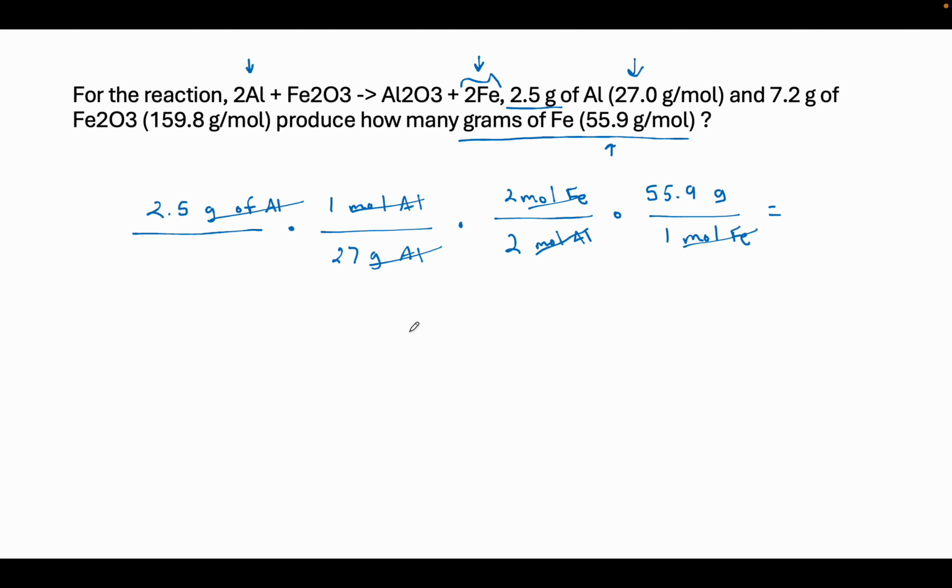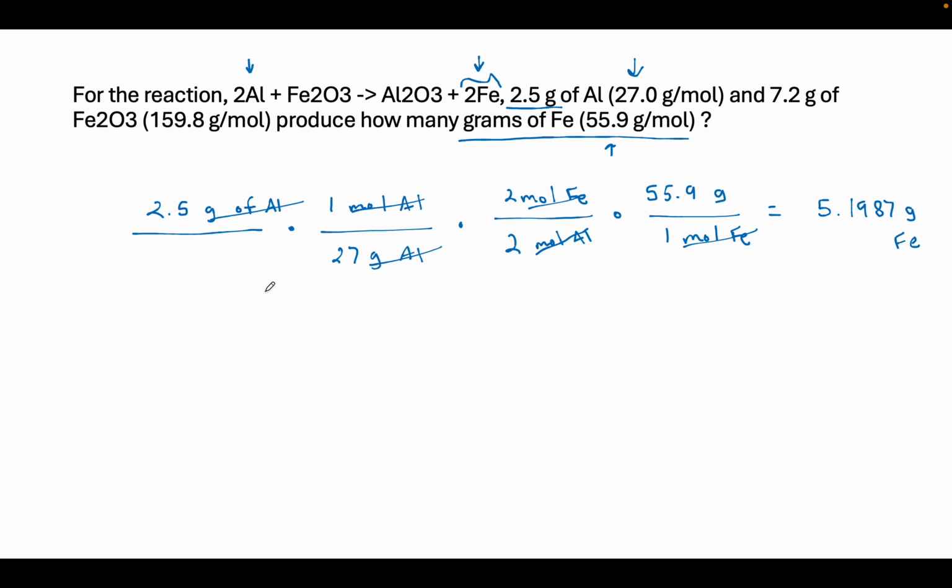So if you want to do it, you could, but you don't have to. It's just going to give you 1 again. Times 55.9. Okay. And you get 5.1987. 5.1987. This is grams of iron.